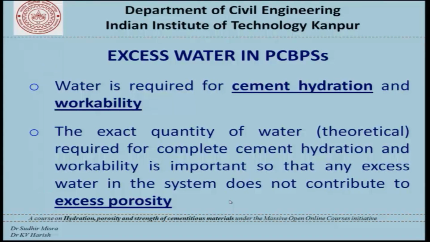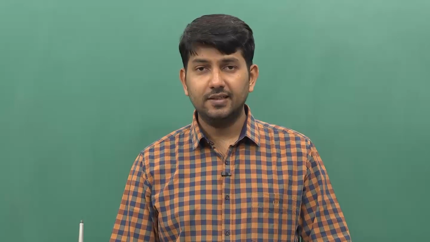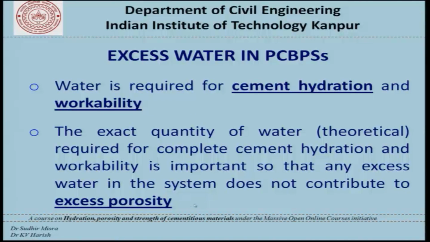We always prefer that our Portland cement based paste system should have low porosity as far as possible, so that higher strength can be obtained. As a general rule, the lower the porosity, the higher the strength. So, we want to make sure that the excess water does not contribute to excess porosity.